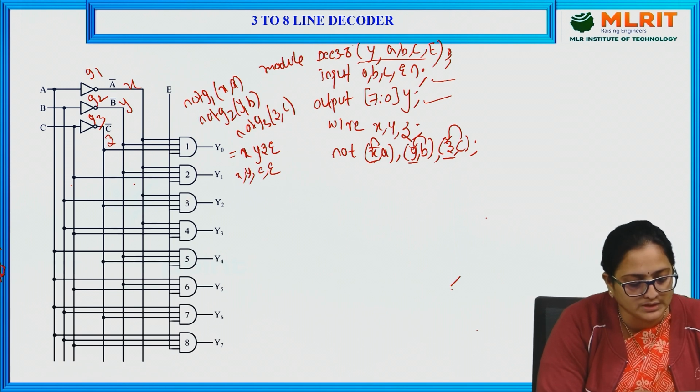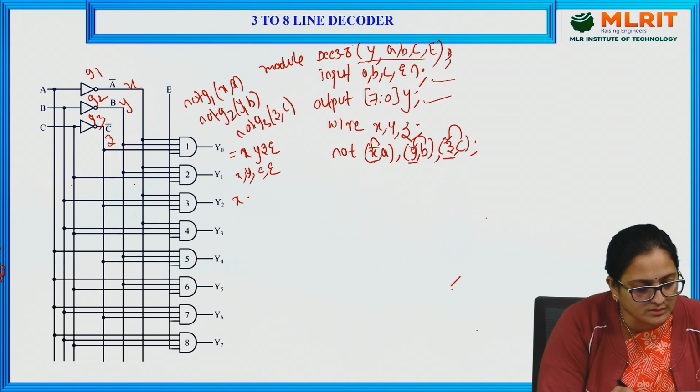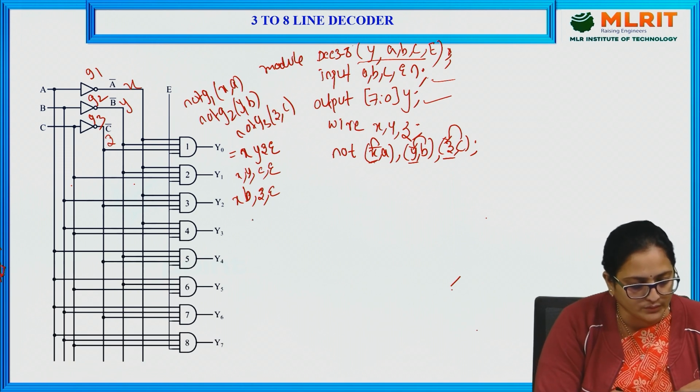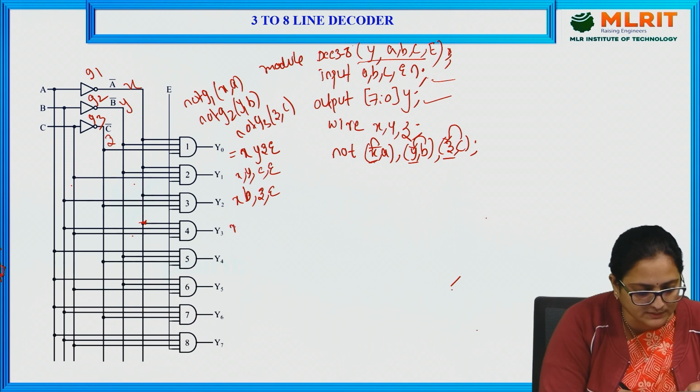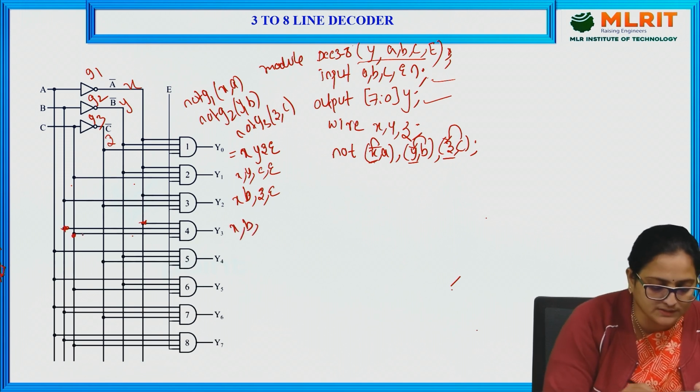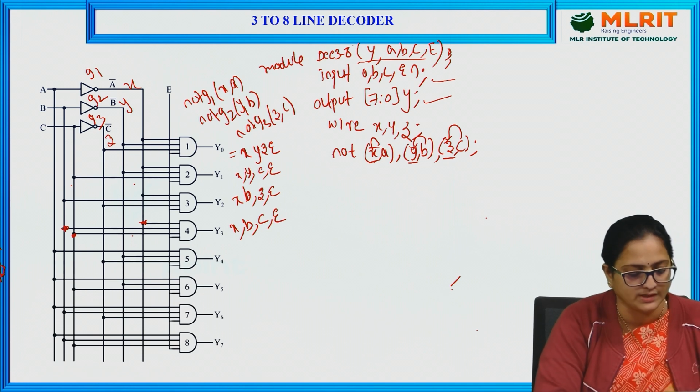For the third gate, X is connected, B is connected, and Z is connected, enable is connected. For Y3, if you can see here, X is connected, and here B is connected, and here C is connected, enable is also connected.